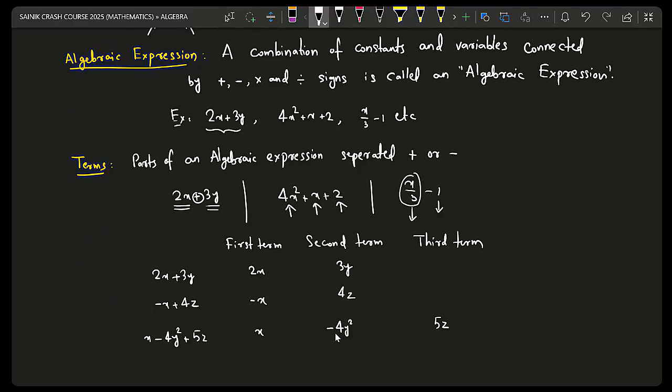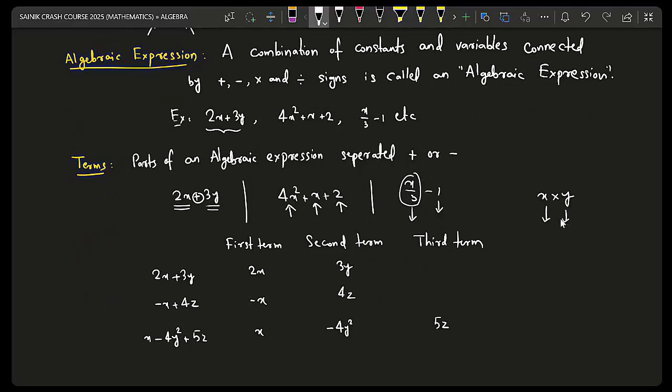So this is how we separate the terms. That means terms are separated in an algebraic expression by which symbols? Sir, plus, minus. Yes, only plus and minus. See, for example, if I write x into y, how many terms are there in it? Sir, 2 terms. First term is x, second term is y, right?